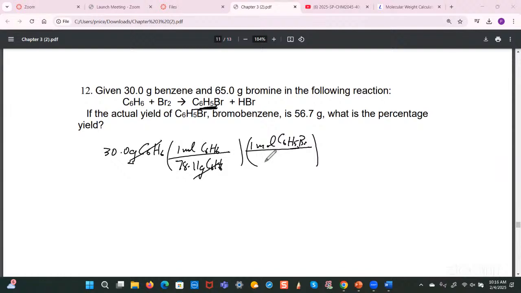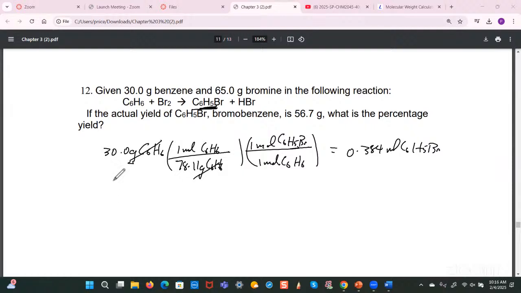And down here, you're going to put one mole of benzene, C6H6, right? So let's see what that gives. 30 divided by 78.11, and according to my calculation, this gives 0.384 moles of C6H5Br.